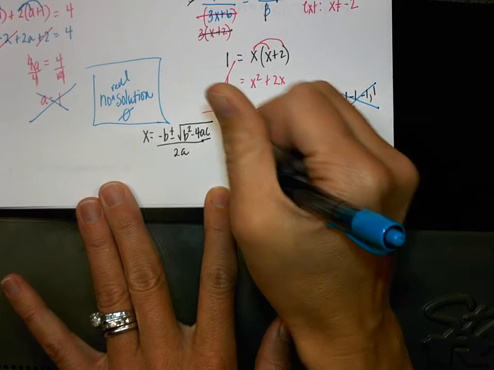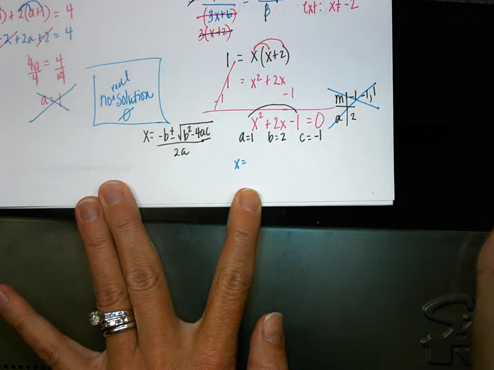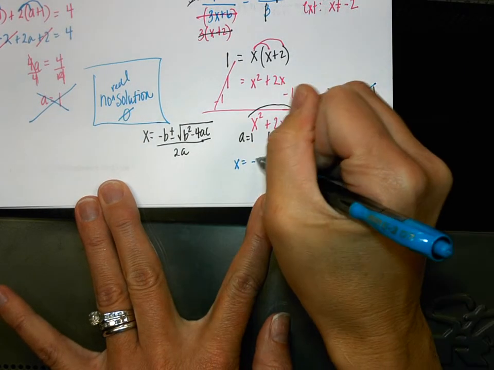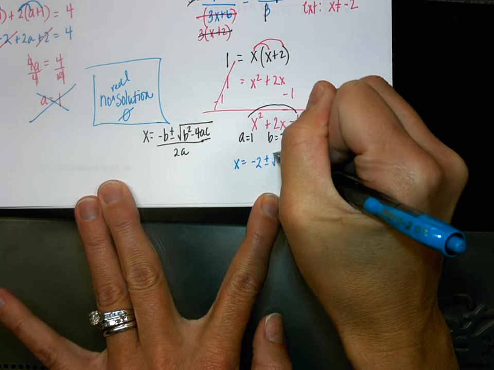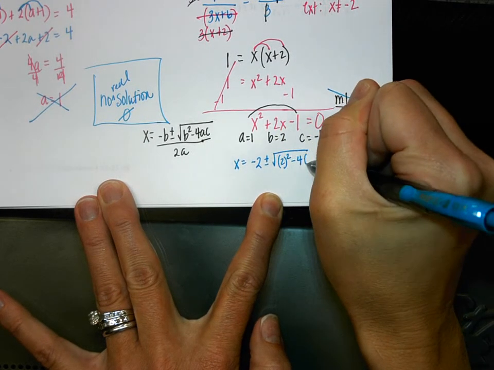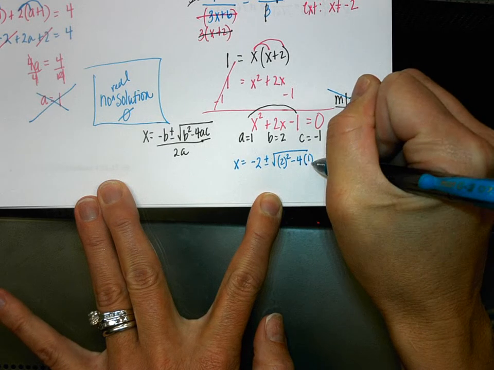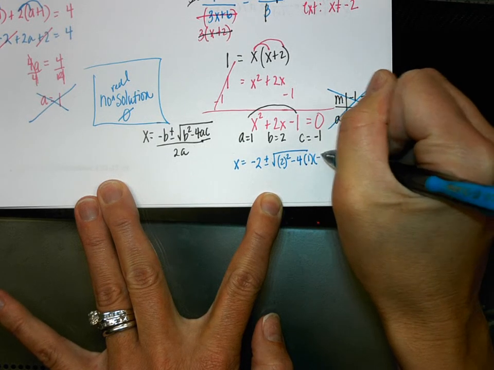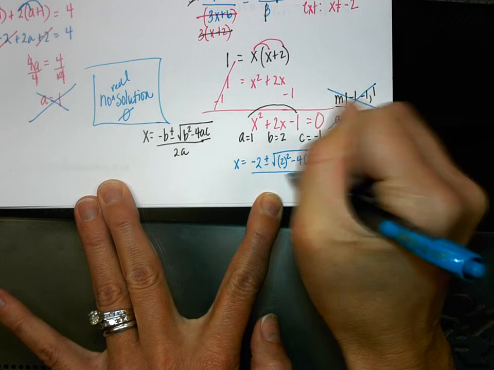Okay, so x equals -b would be -2 plus or minus the square root of 2 squared minus 4 times a, which is 1, times c, which is -1, all over 2 times 1.